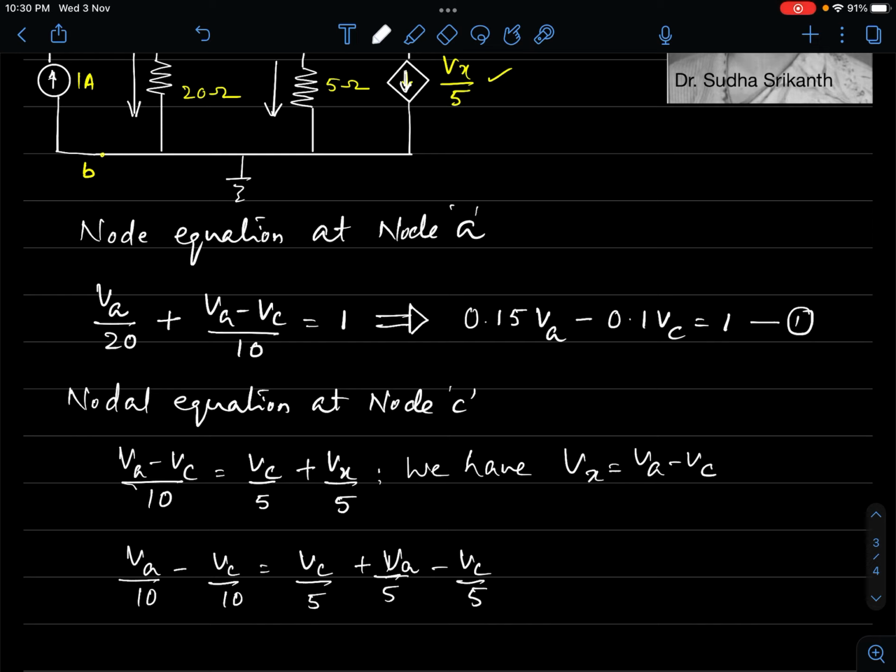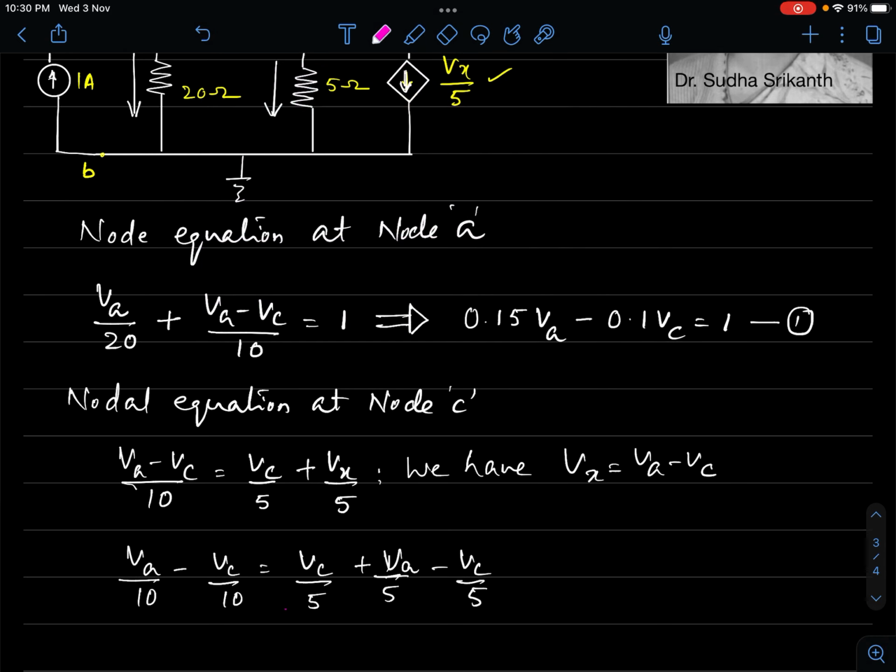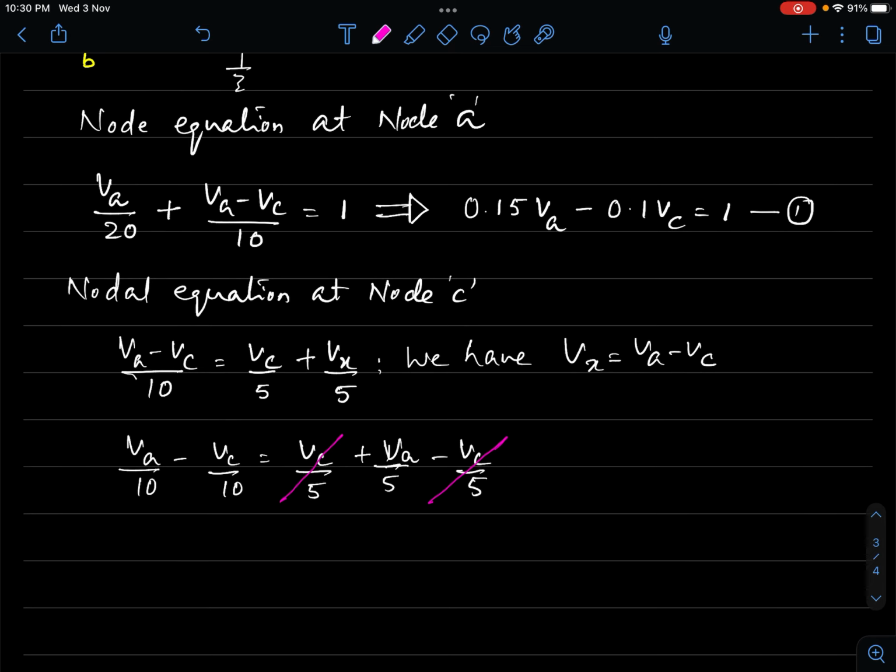Okay, I've simply substituted for Vx. So what do I see? Here, if I can see this equation right now, I'm able to see Vc by 5 getting cancelled. Now what do I get? I can simplify this.